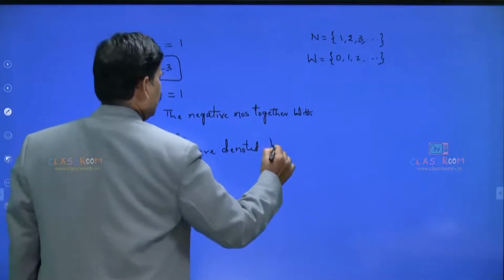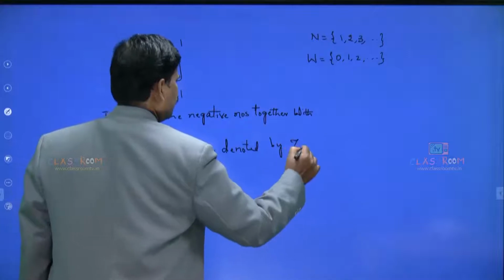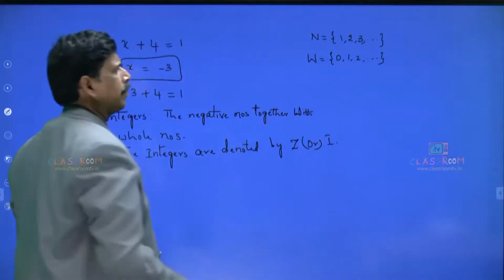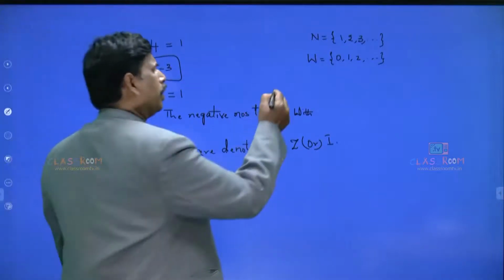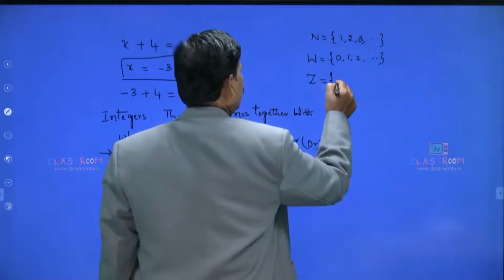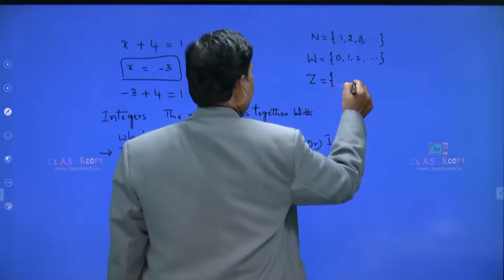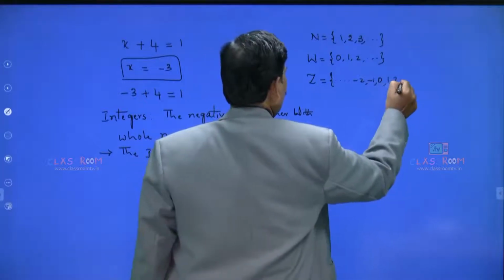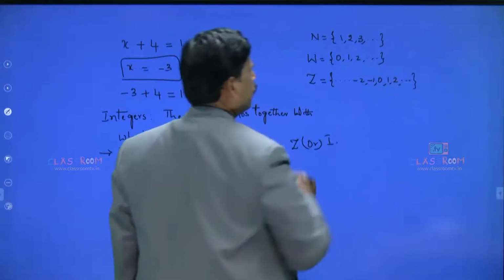The integers are denoted by Z or I. So what are integers? The set of integers consists of the negative numbers, 0 and the positive numbers.